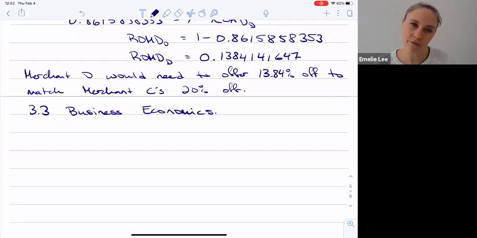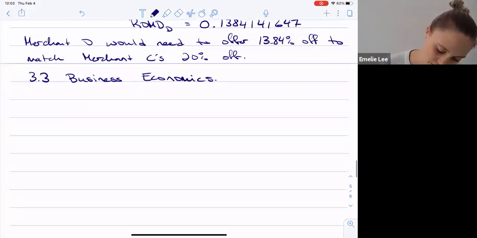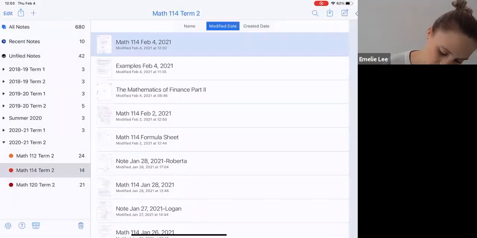We've already used profit functions when we introduced the idea of a function where we put in some value and we get some output, right? So for profit functions, we're just going to build them up, okay? And it's the next section on your formula sheet, okay?